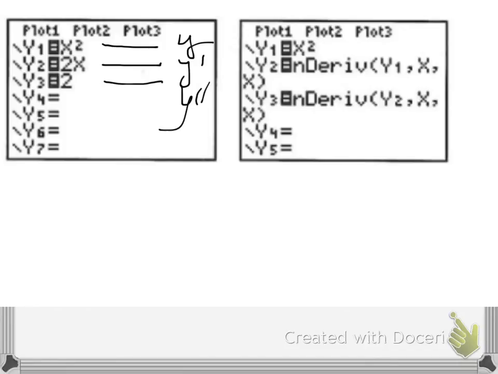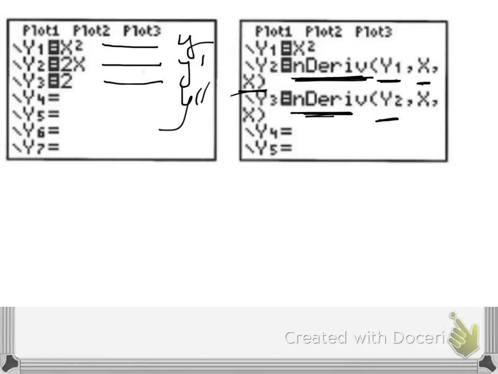So this n derivative is under math. And when you do the n derivative, you then tell it to take the derivative of y1 of x, and it's going to be in terms of x, and you're going to put it in your y2. So your y2 graph will be the first derivative of y1. Your y3 graph, you will tell it to look at y2 instead.